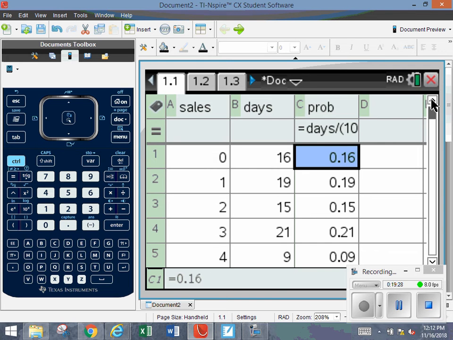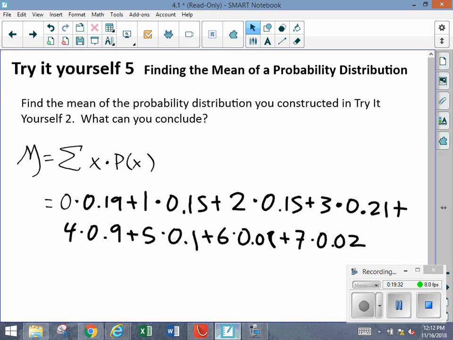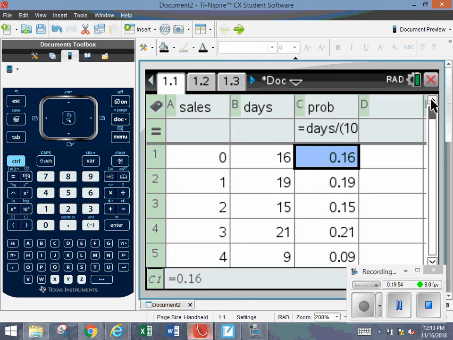Did I at least get it back at 2? Yes, I did. So it's 0.16, 0.19. Got it. So that should be 0.16, 0.19, and we're back, right? It wasn't catastrophic. But hey, the whole point is, I'm going to show you how to do this with your calculator. You've got a table set up, right?